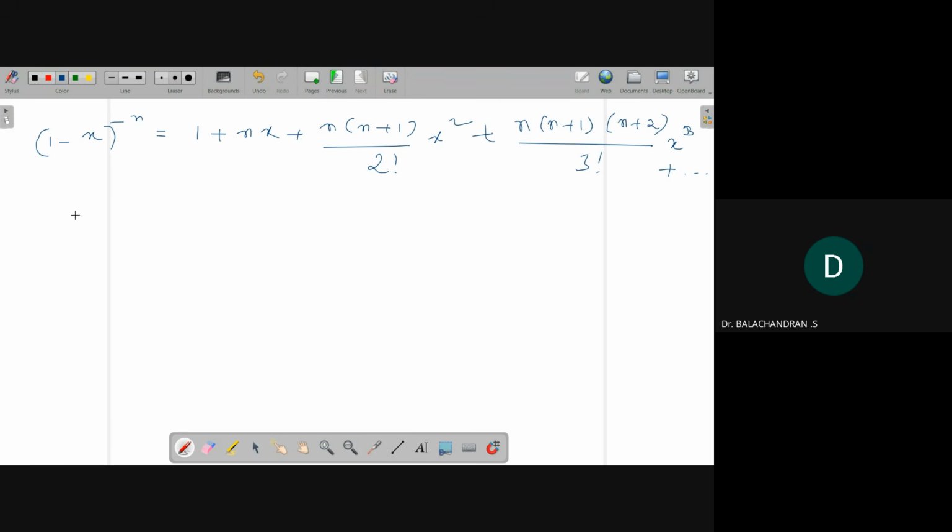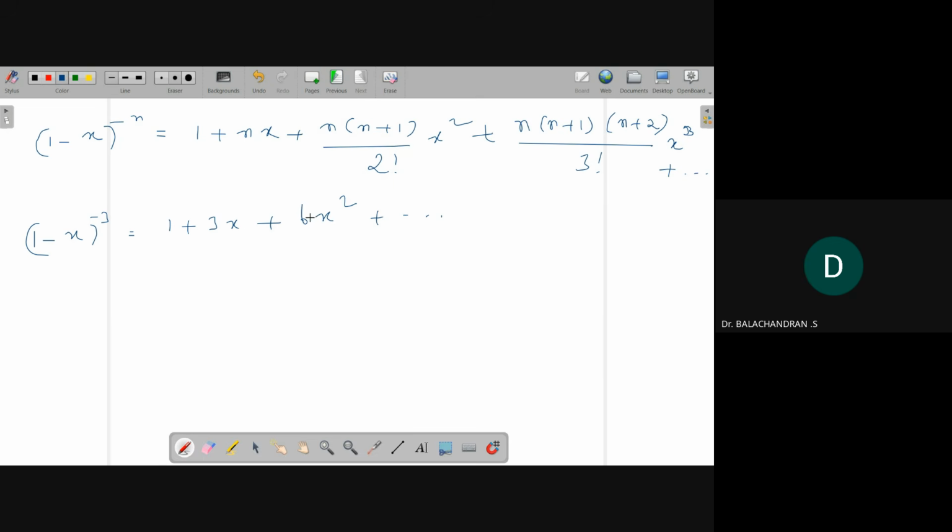So if I substitute n equal to 3 here, 1 minus x whole power minus 3 is equal to 1 plus 3x, 3 into 4, 12 by 2, 6x square. Similarly, you can write all the terms.